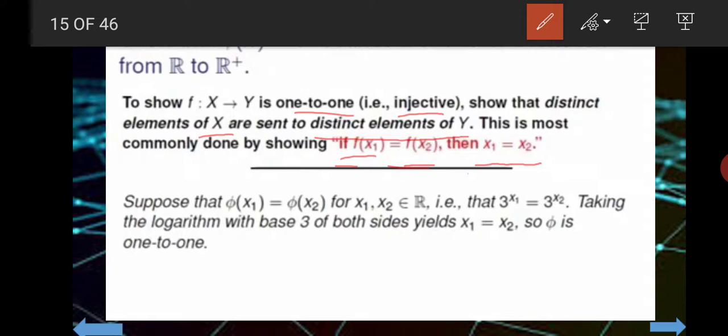So suppose that phi of x sub 1 is equal to phi of x sub 2 for x sub 1, x sub 2 elements of R, that is, 3 to the x sub 1 is equal to 3 to the x sub 2. Taking the logarithm with base 3 of both sides yields x sub 1 is equal to x sub 2. So phi is one-to-one.